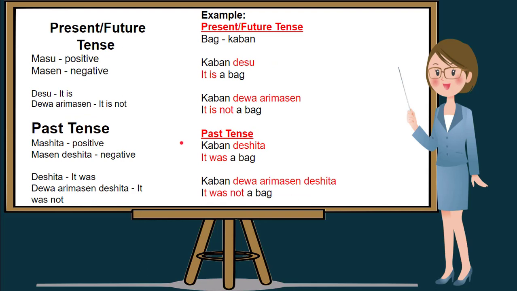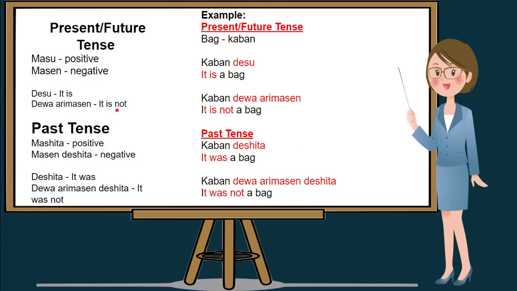Okay, in this example, we will be using des and dewa arimasen. In English, des means it is, and dewa arimasen means it is not.